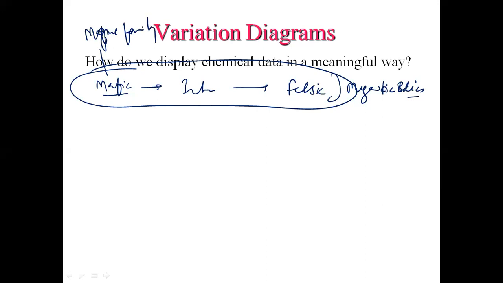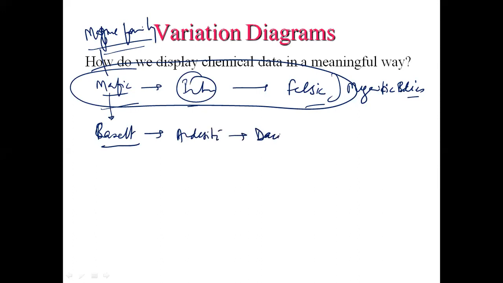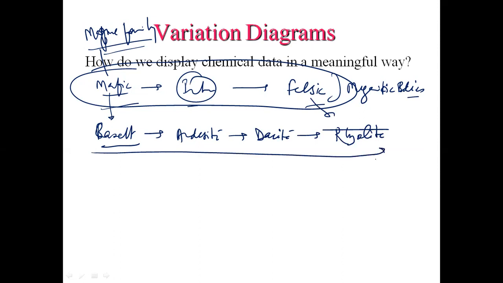The magma family evolves through different processes, basically through the magmatic differentiation process. For example, from the mafic rock you will get basalt, from intermediate rock you will get andesite, then dacite, then from felsic you will get rhyolite. So you can see how your magma evolves and produces different kinds of rocks.